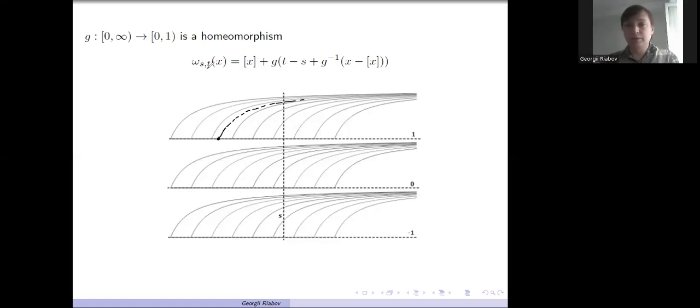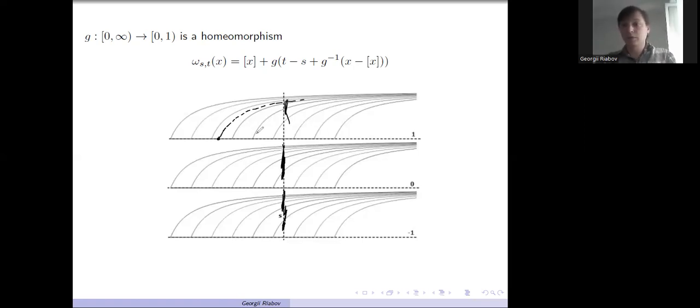This flow is indeed an element of our space of flows, because at every moment s, trajectories from the past exactly fill all the real line except integers. So it is a dense set.